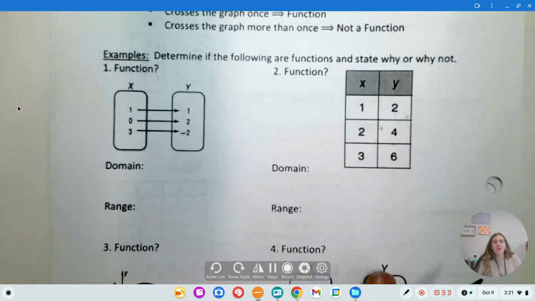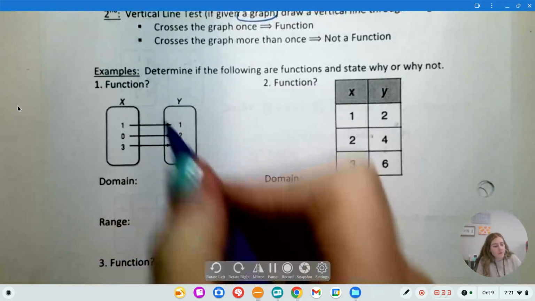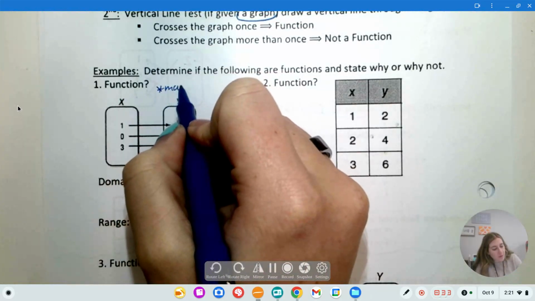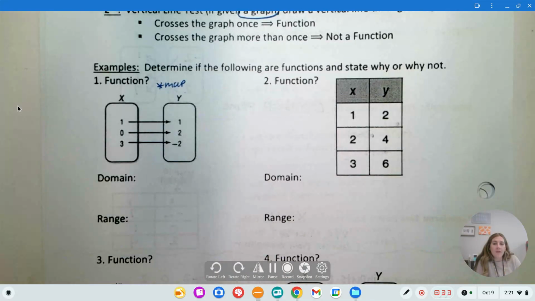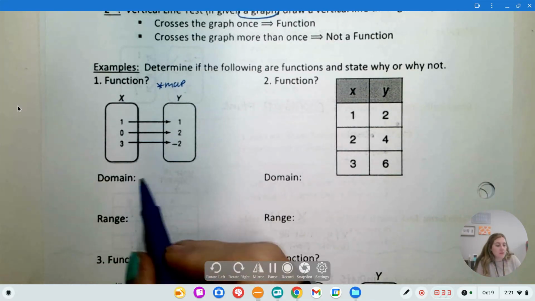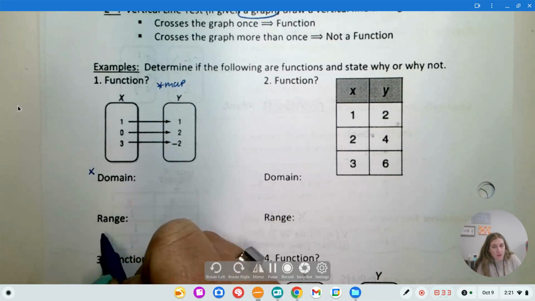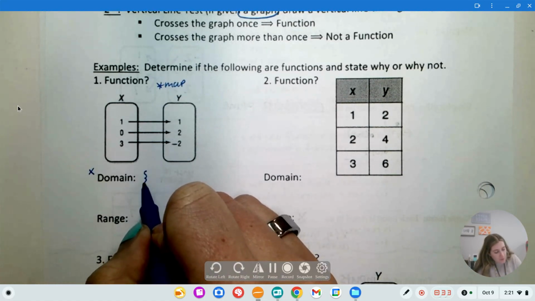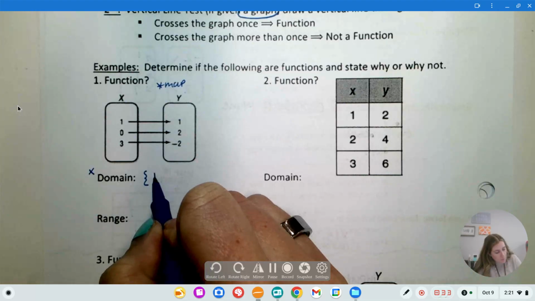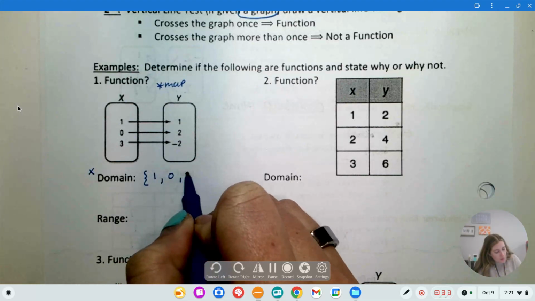So when I go to number 1, first of all, this is a picture of a map, because it's got the arrows. When I have maps, I just list the domain, which are the x values. So I say, okay, the domain, I have to do a fancy bracket, 1, 0, and 3.